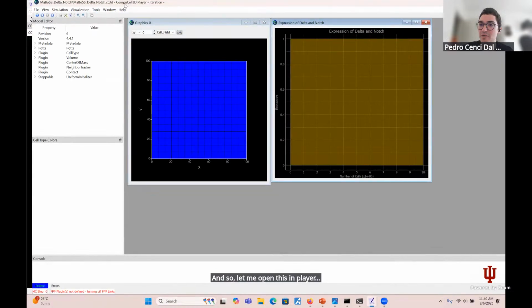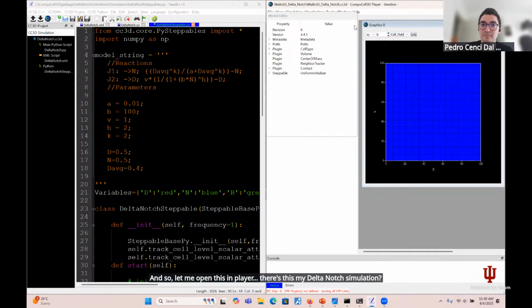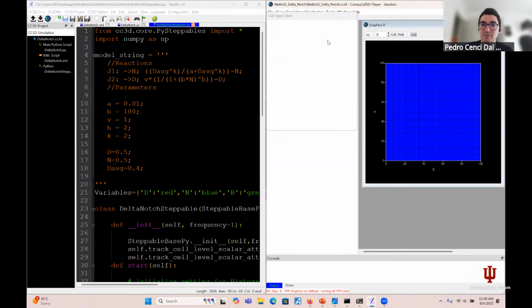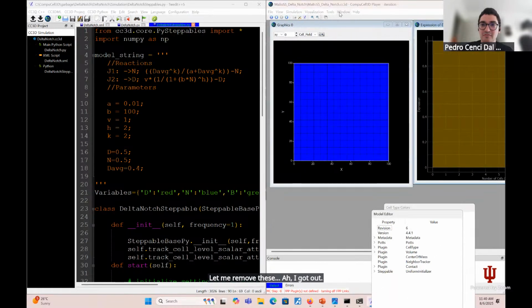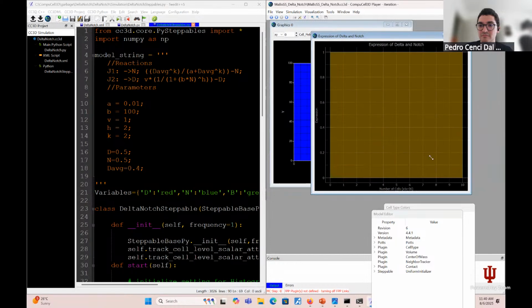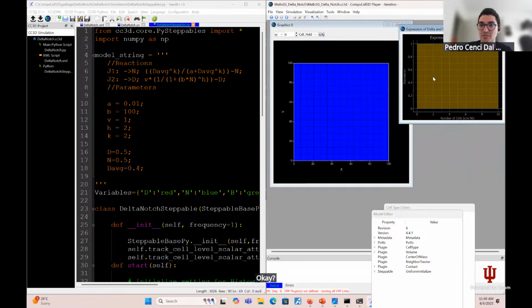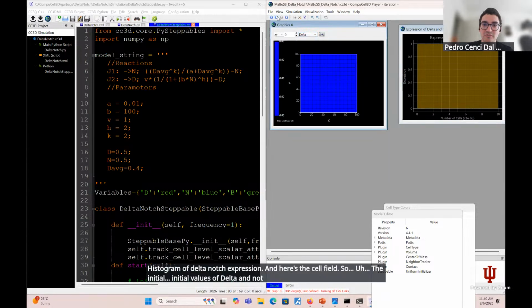This is my delta notch simulation. Histogram of delta notch expression, and here the cell field. So the initial values of delta and notch are 0 for some reason.